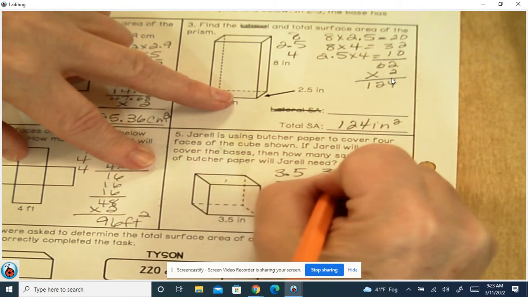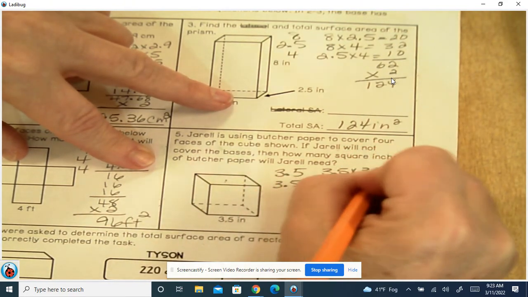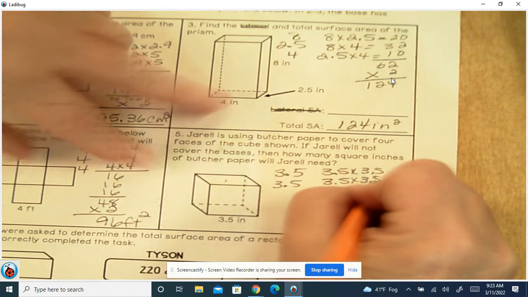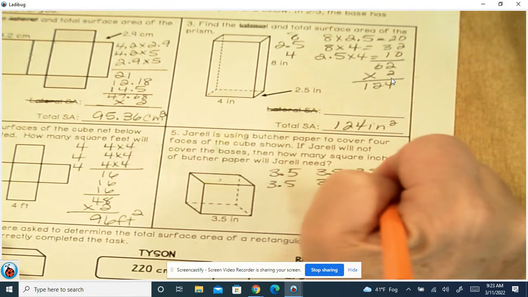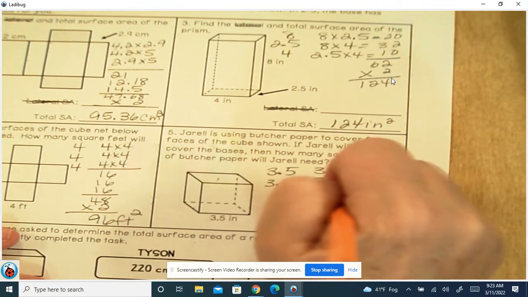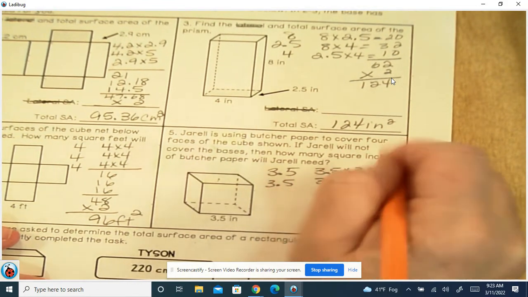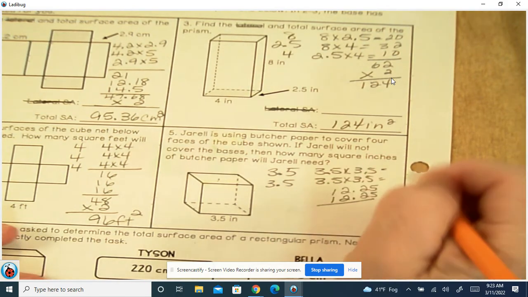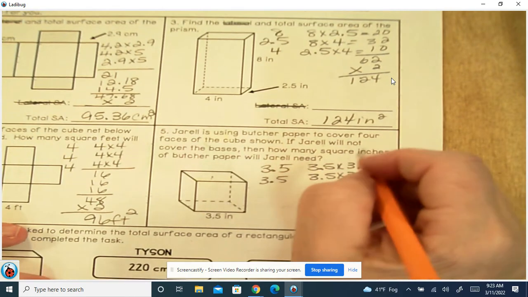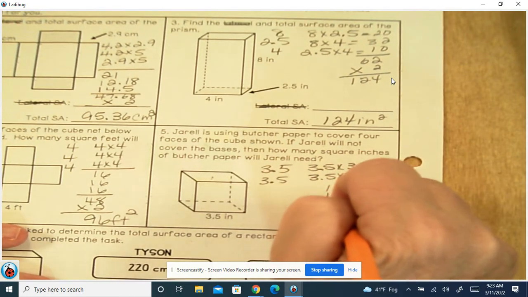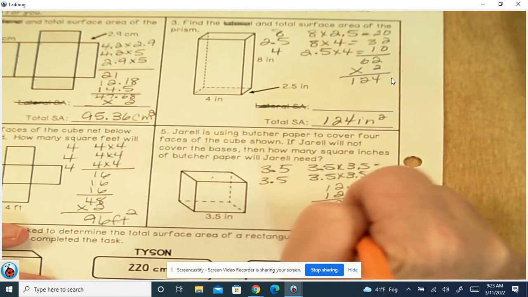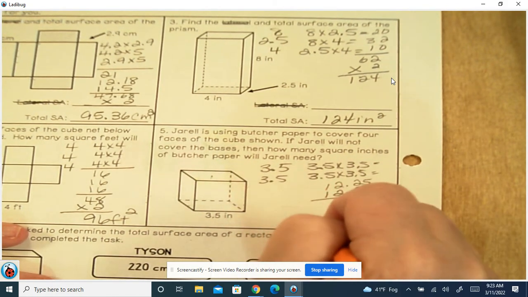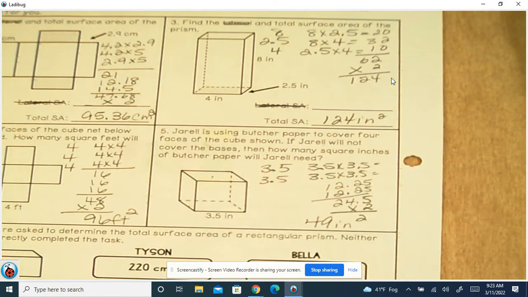So it's 3.5 times 3.5. 3.5 times 3.5 is 12.25. So the other one is also 12.25. That's 2 of the sides. 12.25 plus 12.25 is 24.5. Then multiply it by 2, and you get 49 inches squared.